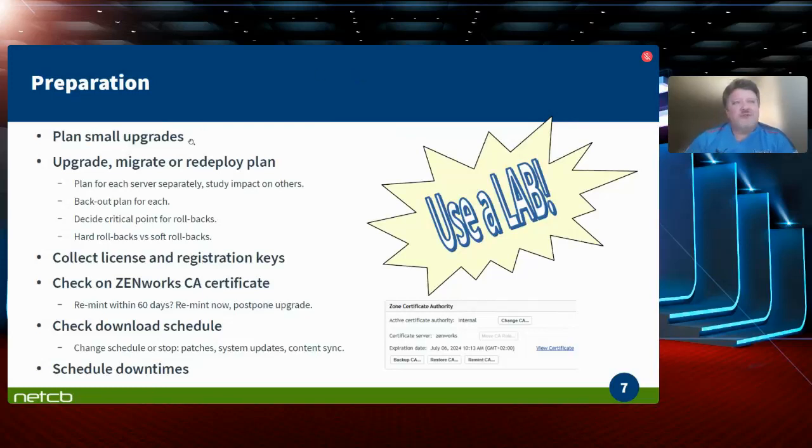So, when you look at your ZENworks system, the first hint that I can give you here is plan small upgrades. Do it by server, not by technology. ZENworks is typically too big to upgrade as a single entity all at once. Sometimes you have to wait for processes to finish. For instance, when you've upgraded the first primary server, you have to wait for certain packages to rebuild.